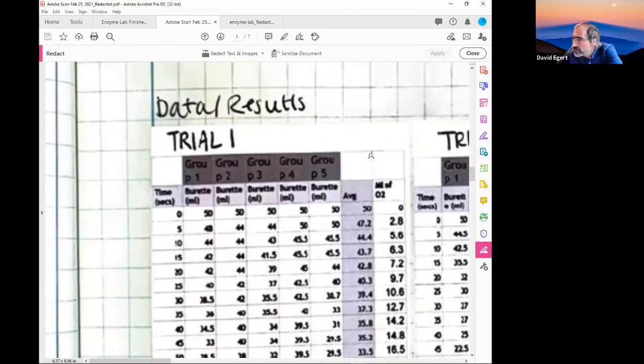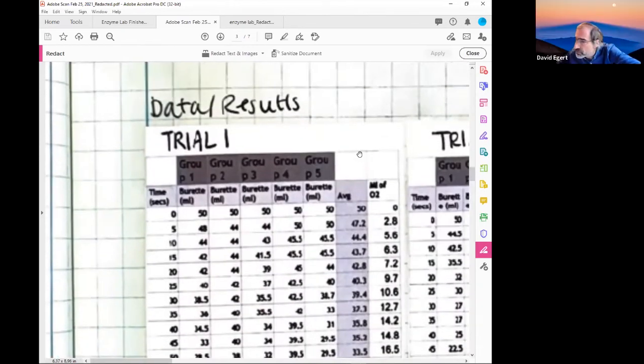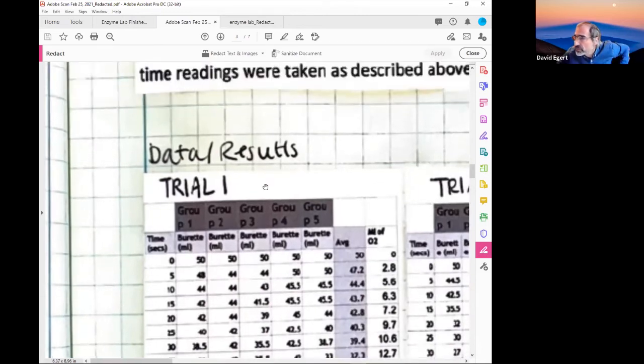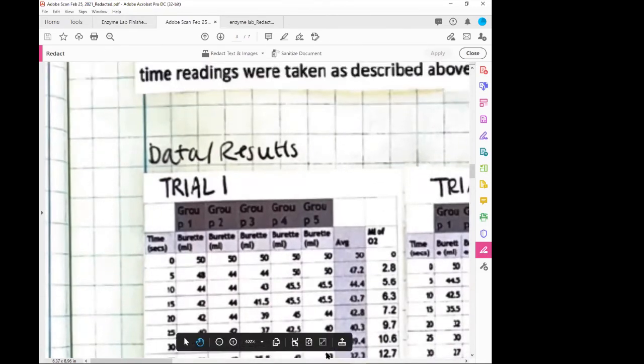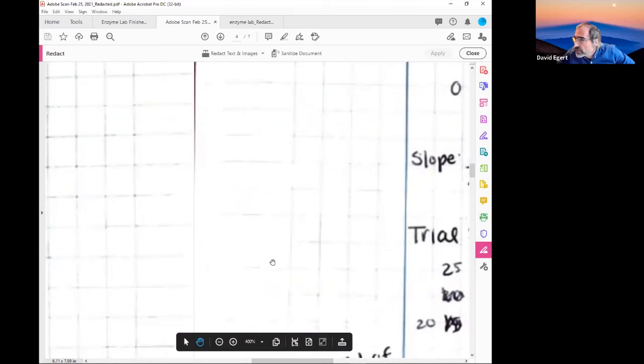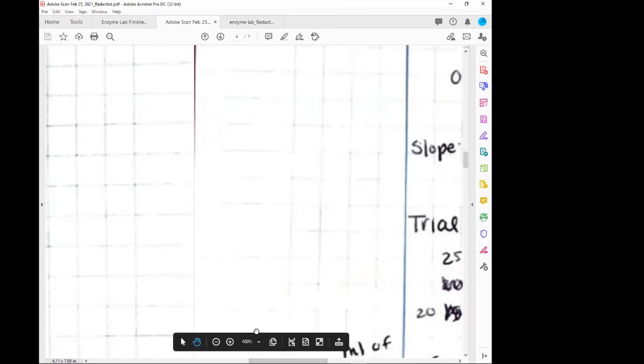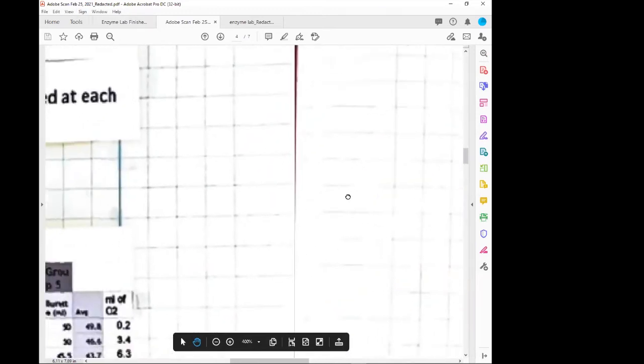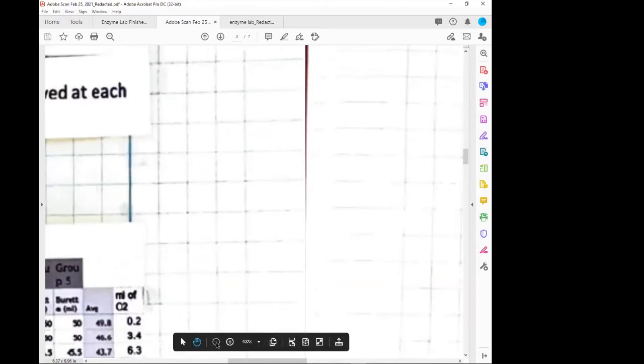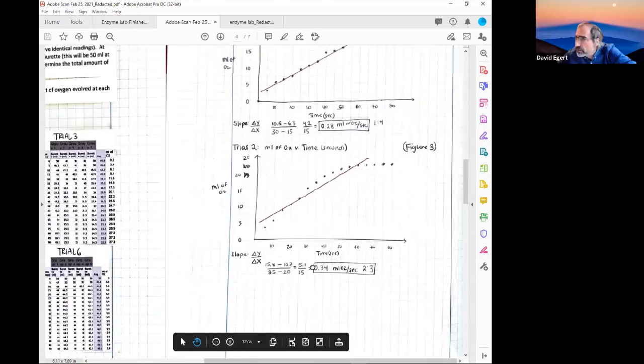I'm not used to using it this way. My apologies. I think you can just click on the screen and drag. Oh, here, it's down here. Okay, there we go.